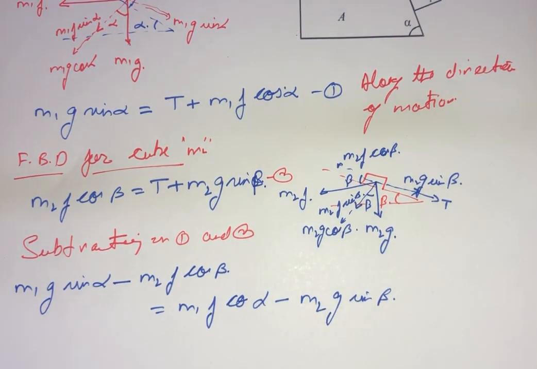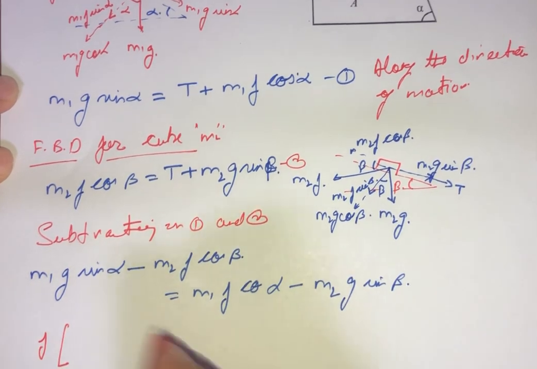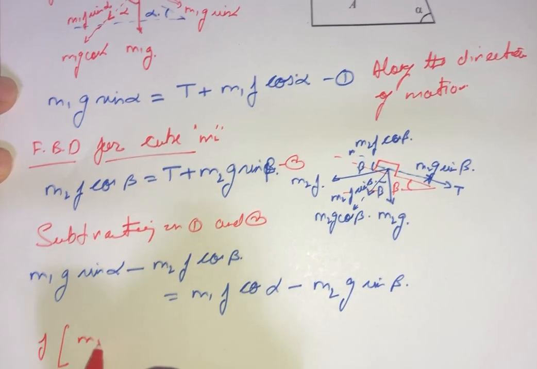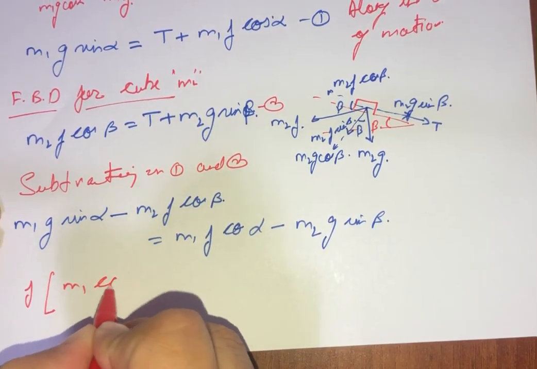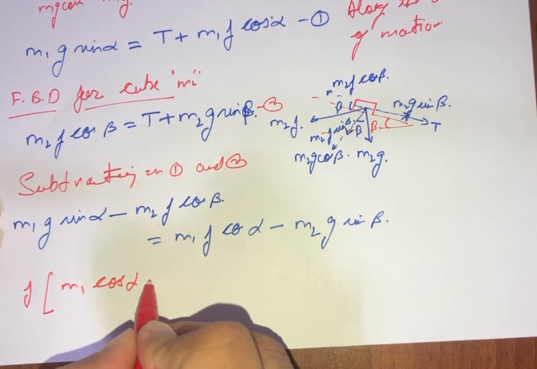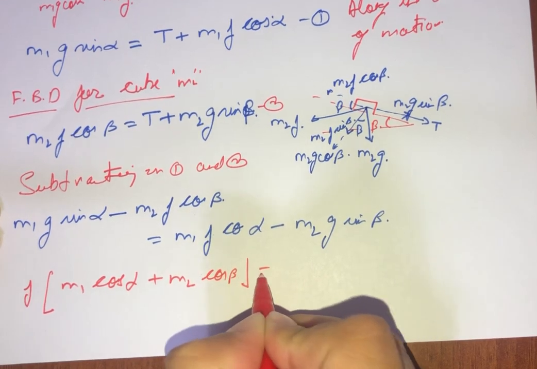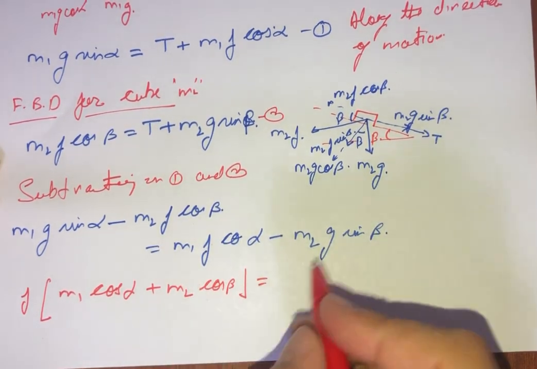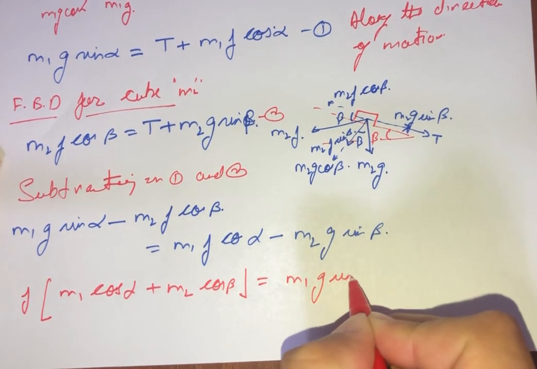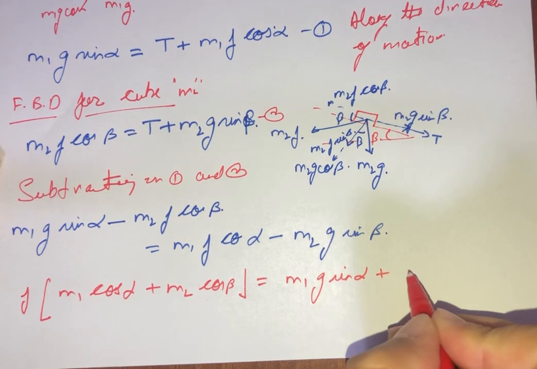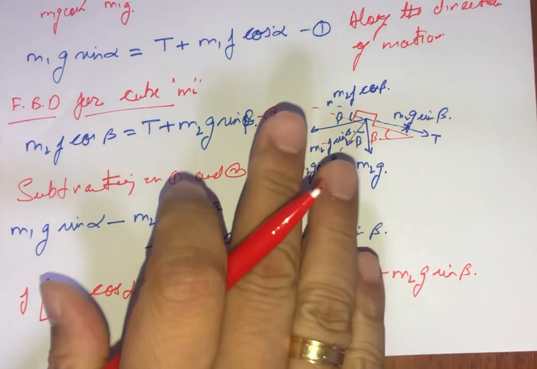So we are going to combine the like terms for the force F. So you can say that F times (M1 cos alpha plus M2 cos beta) is equal to M1G sin alpha plus M2G sin beta.